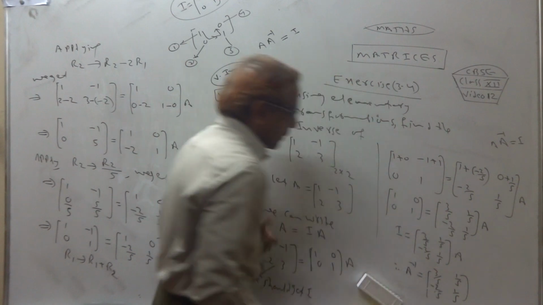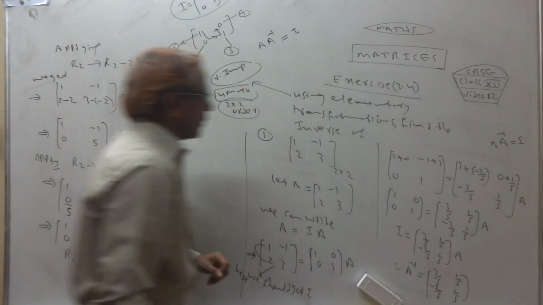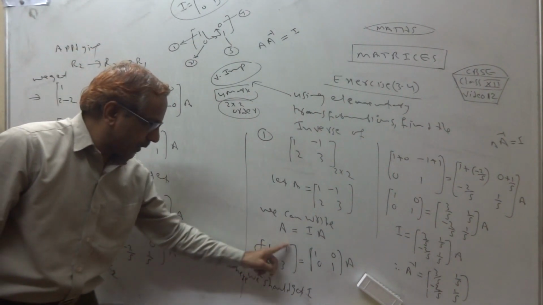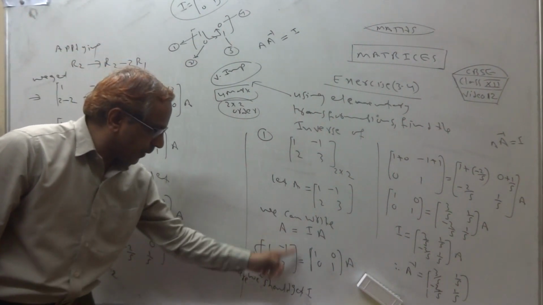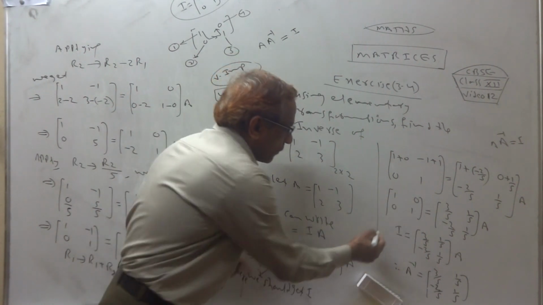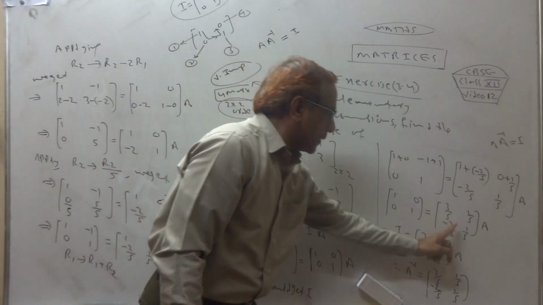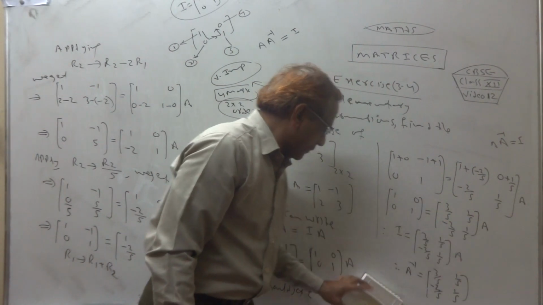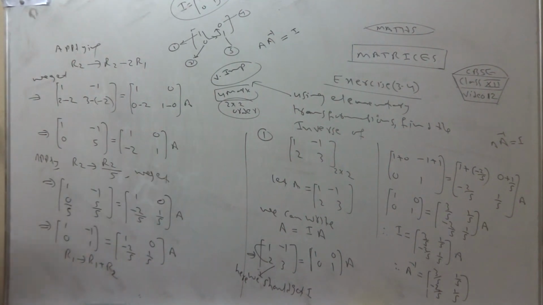So you got the answer. See, before it was like this, 1 minus 1, 2, 3. But you made this 1 0 0 1. So this is I. I is equal to this into A. So this is called the inverse of A. Finished. We got the answer.